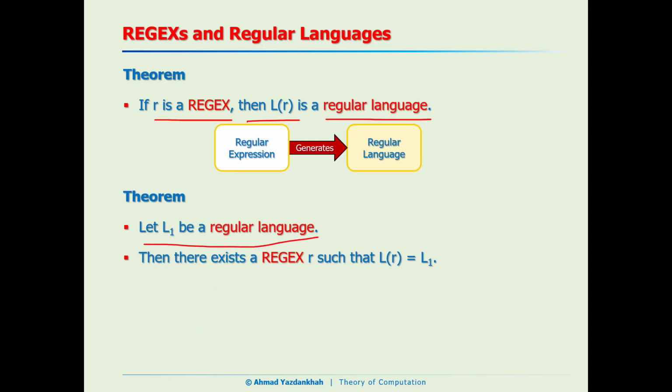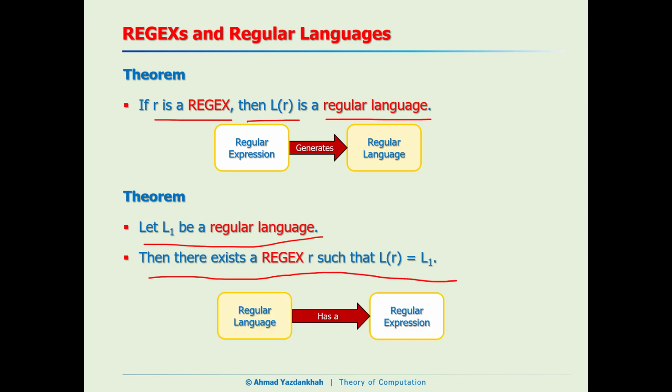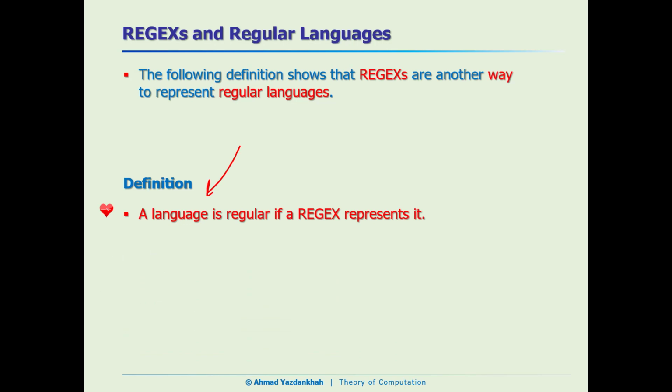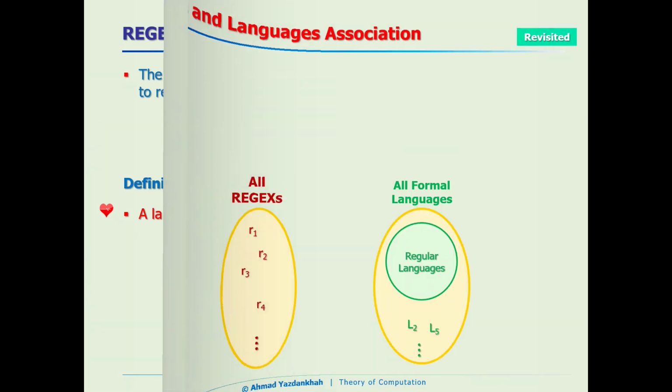If we have a regular language, we can find the regex for that. So this leads to a new way of defining regular languages. We come up with a new definition. A language is regular if a regex represents it. Before, we had that a language is regular if we can construct a DFA or an FA for that.